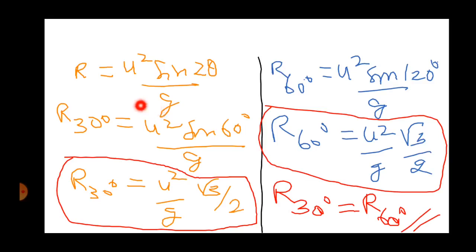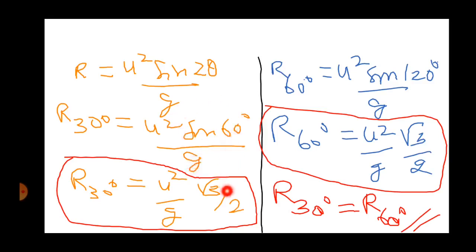Then for the first object projected at 30 degrees, the range r 30 degree is equal to u square sin 2 into 30 degree, so sin 60 degree, divided by g. And what is the value of sin 60?